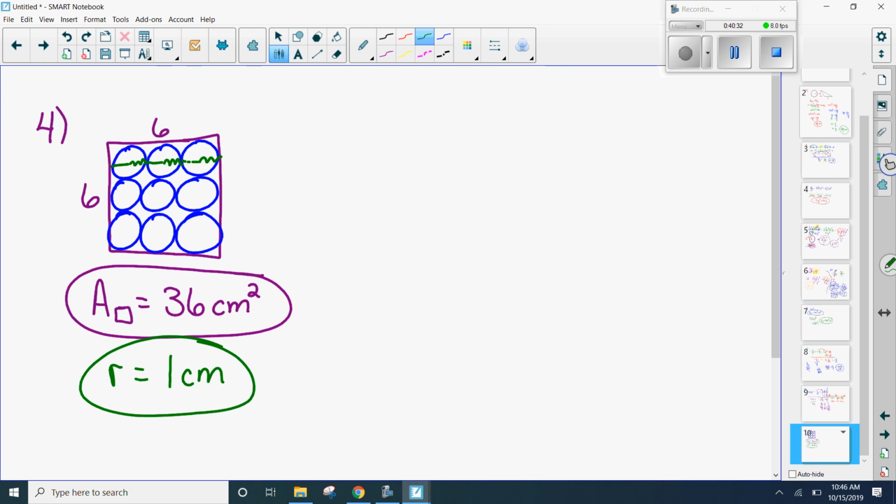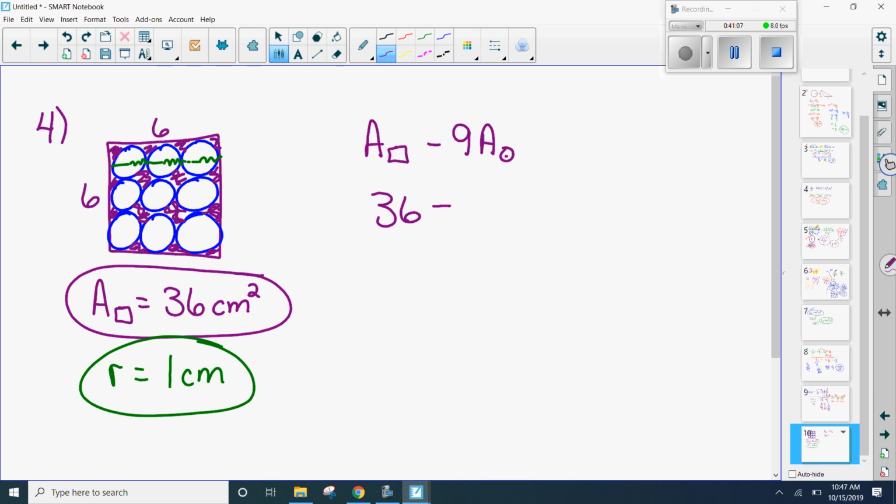What is the area of the shaded portion of the figure? Well, the shaded portion of the figure is all of this right here, which is found by doing what? Area of the square minus the area of the circles. So I got to take the area of the square minus 9 circles. Well, what's the area of your square? 36.